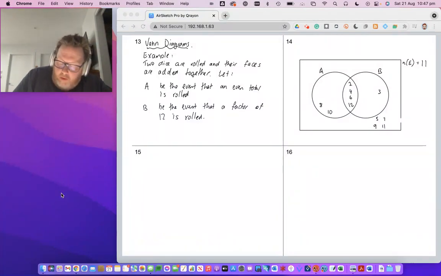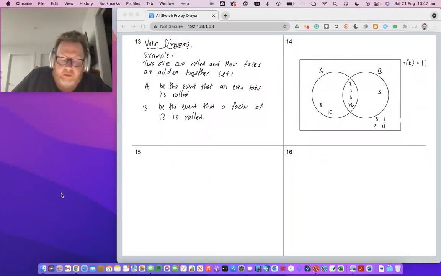There we go. So really, in a Venn diagram, each item should be represented just once in one part of it. So this bit is exclusively A. This would be even numbers that are not factors of 12. This is exclusively B, which would mean factors of 12 that aren't even. This is both of them.